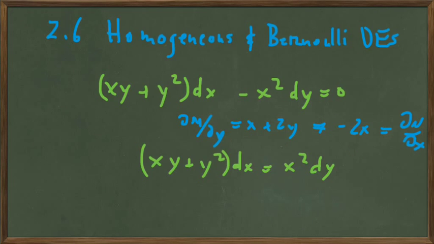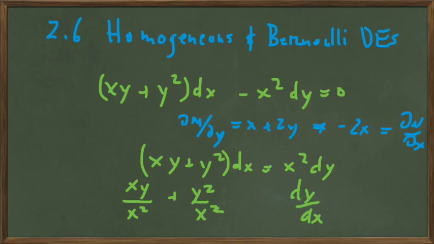If we first bring the x squared dy over to the right side and then divide through by dx and divide through by x squared, we get this, but since the y is squared right here, it's not going to be linear.